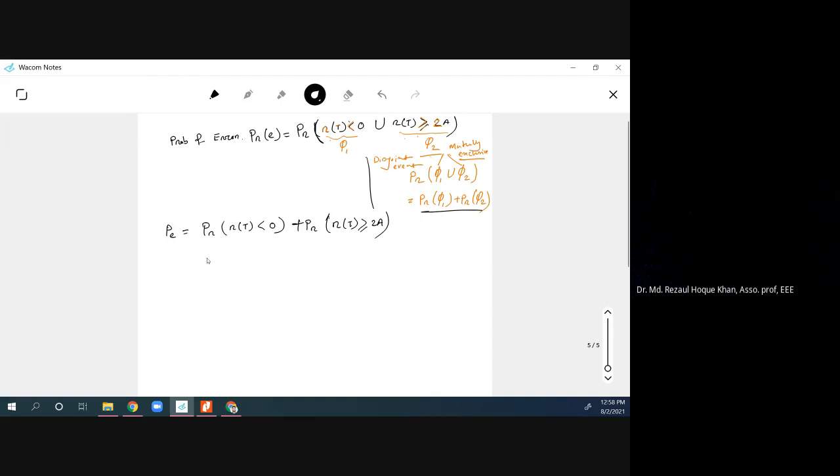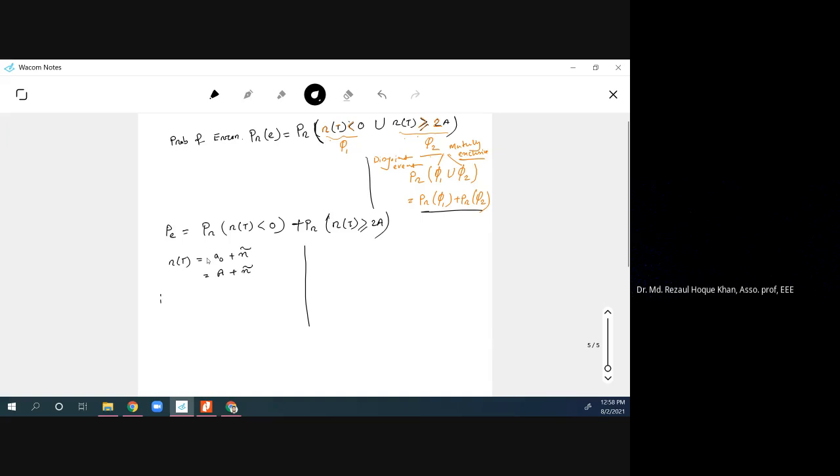Now I will write it in two other ways. We know RT equals A0 plus n tilde. A0 is A, since the unity factor is there, so I'm not writing it, plus n tilde.